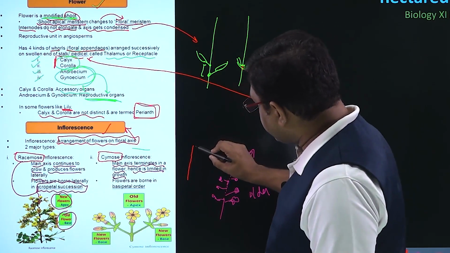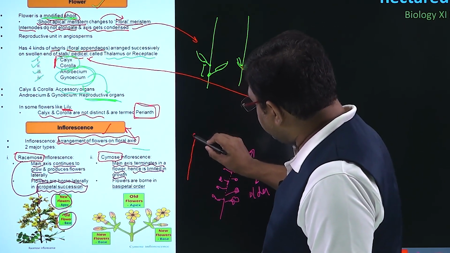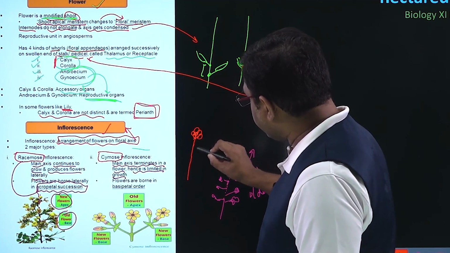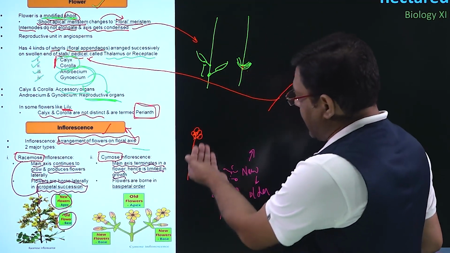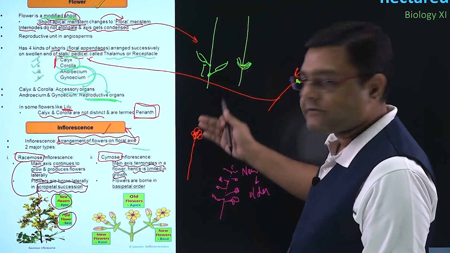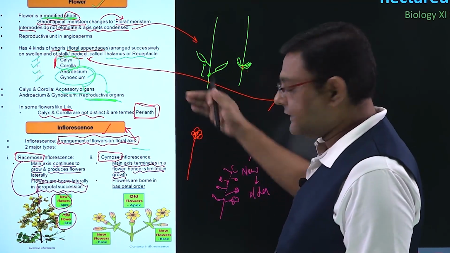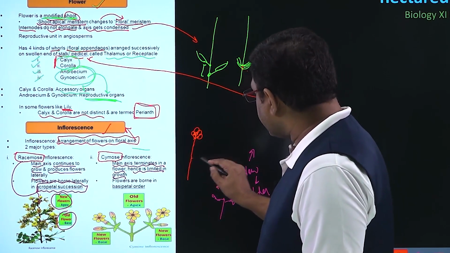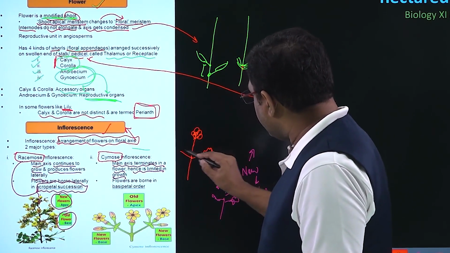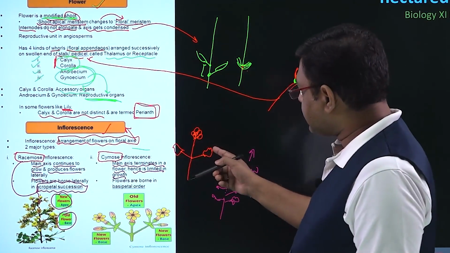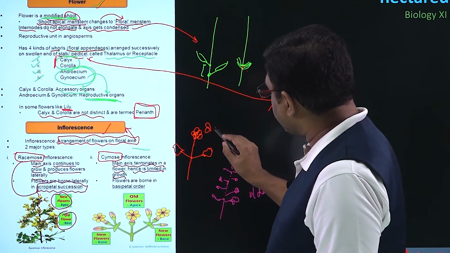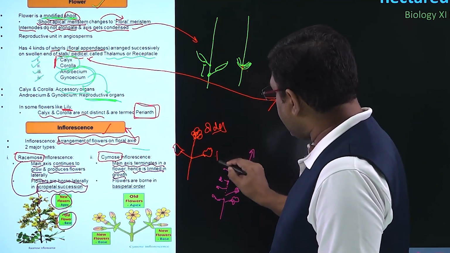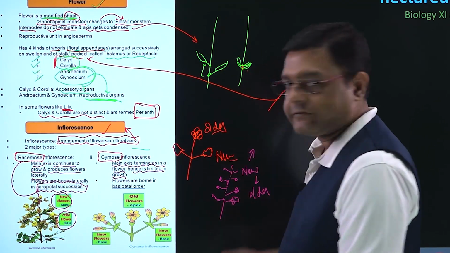In this case, this axis will have a flower on its end. Now this axis cannot grow, and the remaining flowers, the flowers which come after it, will come on the lower parts. So in this case, obviously the older flower will be this one and new flowers will be towards the base.